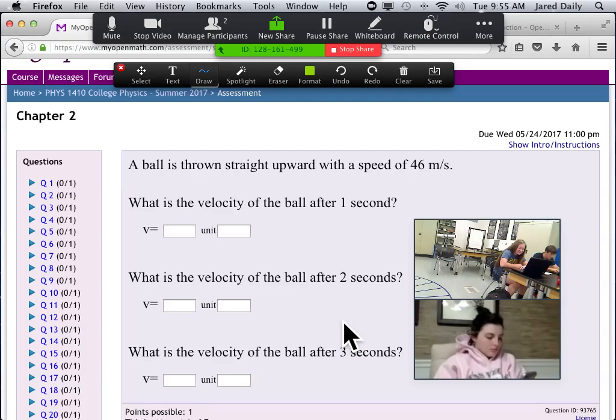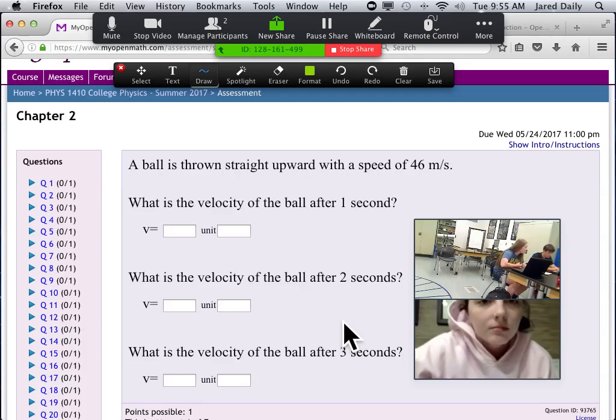Okay, sorry for that delay. So tell me what you used. What equation did you use to do this? V equals V naught plus acceleration times time. And what did you put in for your acceleration? Negative 9.8.